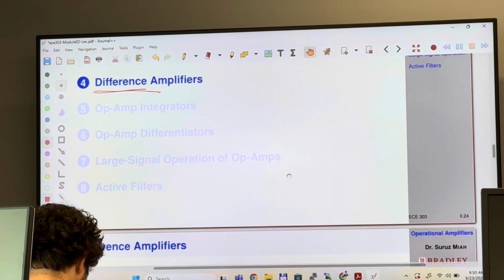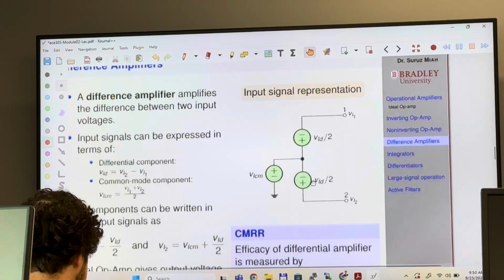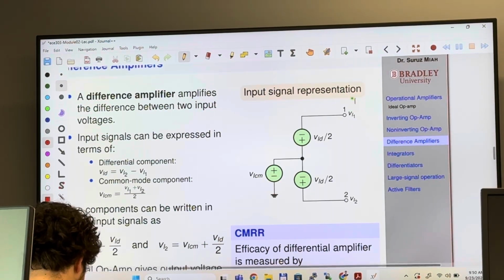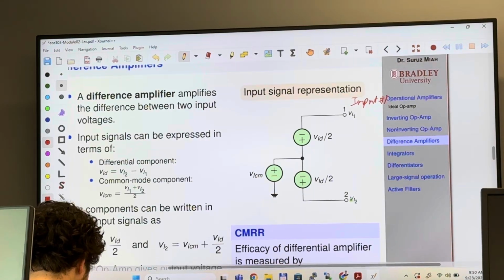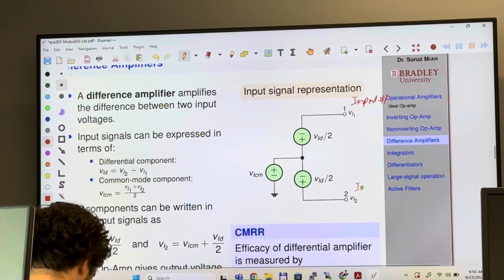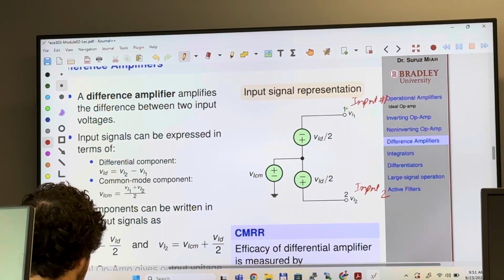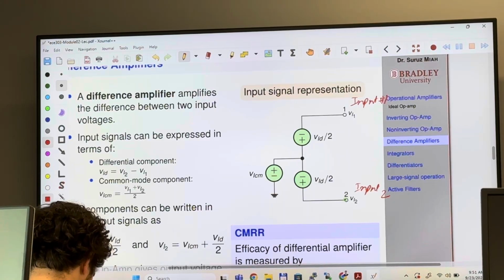Okay. So here we have two inputs. Here we have input 1, and this is input 2. So VI1, VI2. This terminal, these 1, 2, represent input number 1, and this is input number 2.